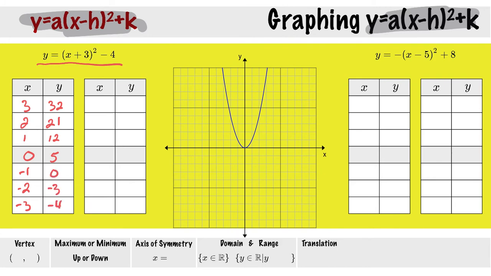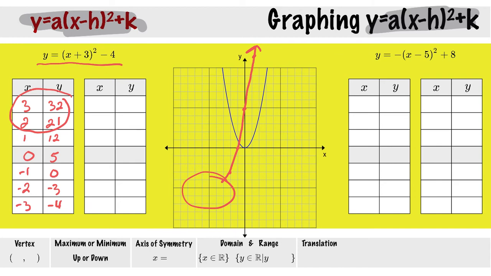And when you go to graph it, those two are way off my chart. I can guesstimate 1 and 12, then I'm going to get 0, 5, negative 1, 0, 2, negative 3, negative 3, 4. I don't actually have enough information to know where the vertex is. It's over here somewhere. I'm just not sure exactly where it is.